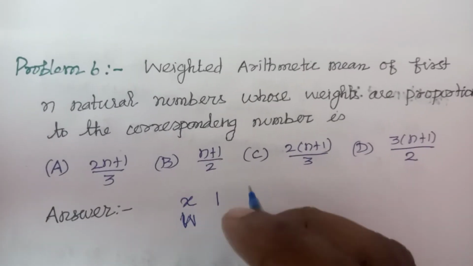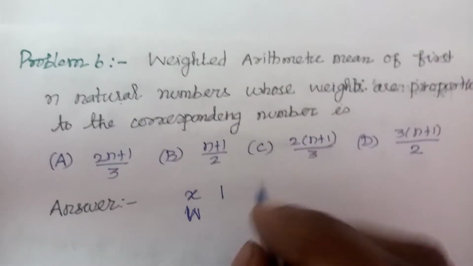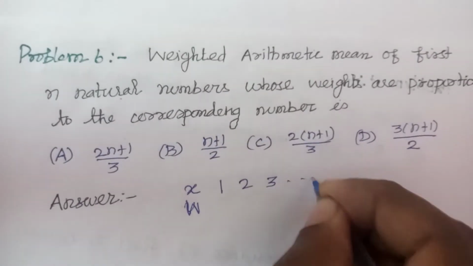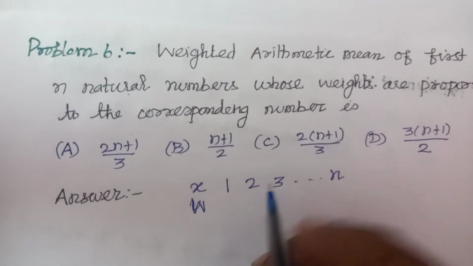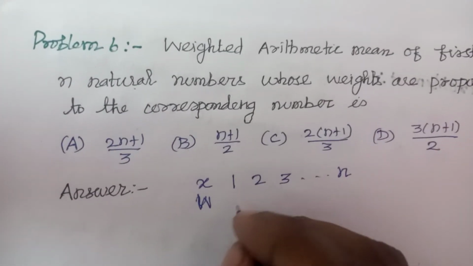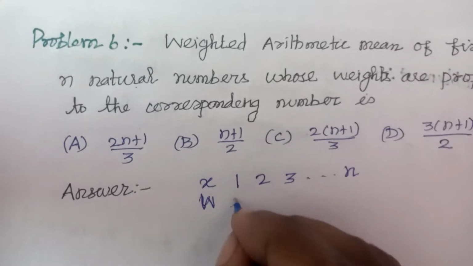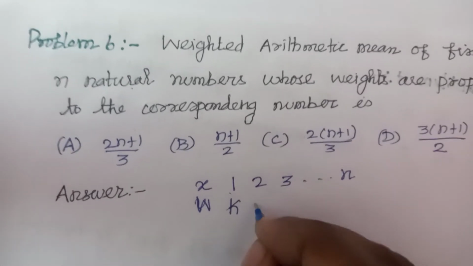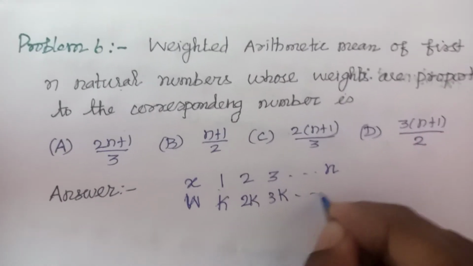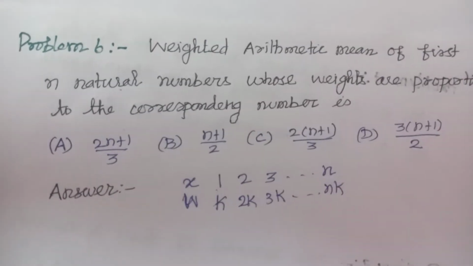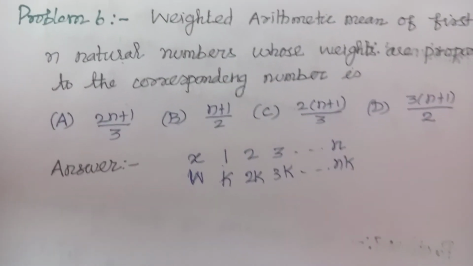X is the n natural numbers 1, 2, 3, etc., n. Corresponding weights are proportional to the corresponding numbers. Proportional to the corresponding numbers means a constant k into 1, that is k, 2 into k, 2k, 3 into k, 3k, etc., n into k, which is the proportional value for the n natural numbers.